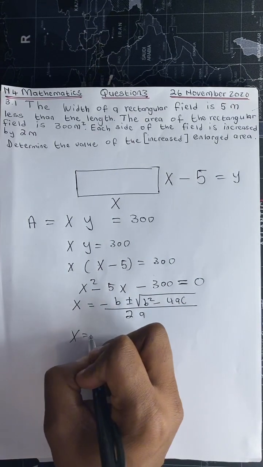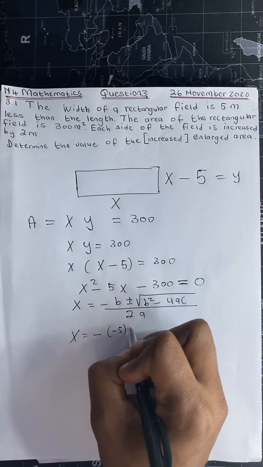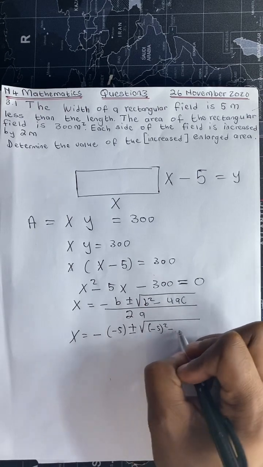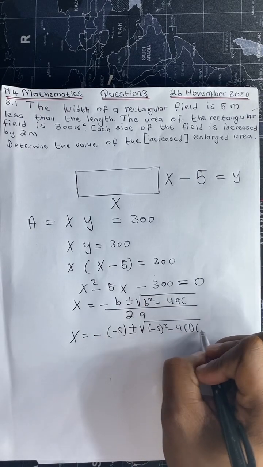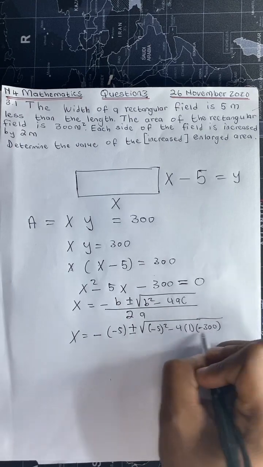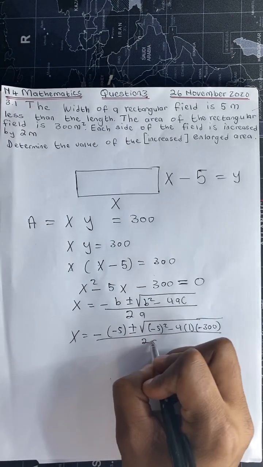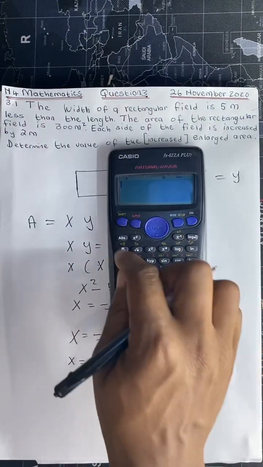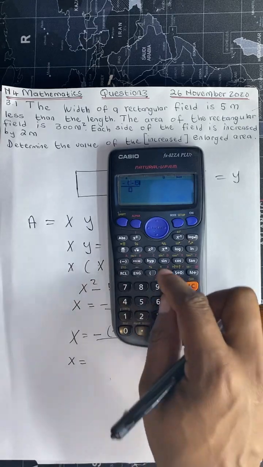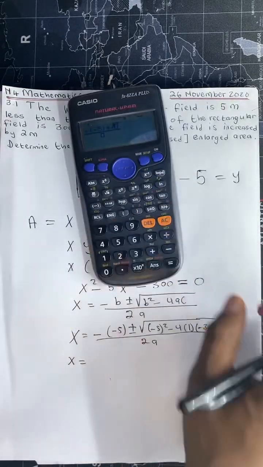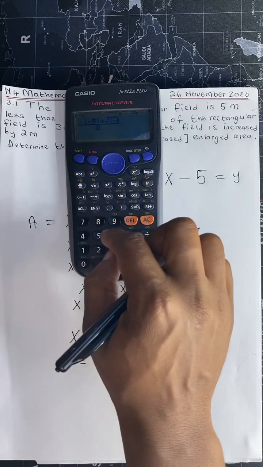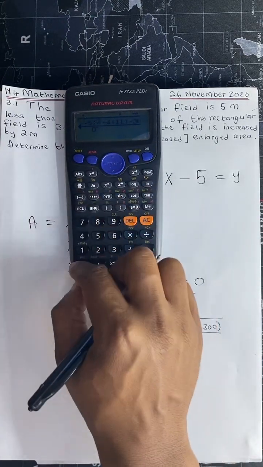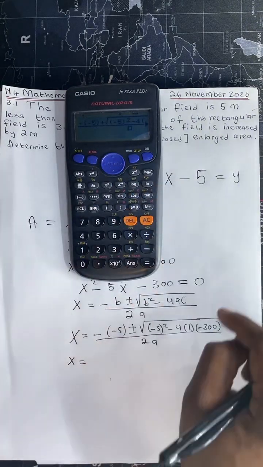So x is equal to minus b, which is negative 5, plus or minus the square root of b squared, which is negative 5 squared, minus 4 times a, which is 1, times c, which is negative 300, all divided by 2a.